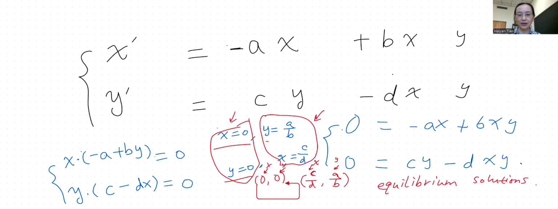So this 0, 0 is called an equilibrium point, and the second point is also an equilibrium point. So we can show either the solution or the point.